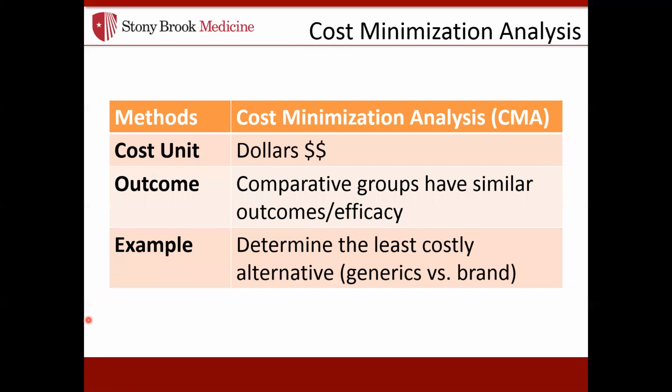Cost minimization analysis. This is comparing groups assumed to have equal outcomes, but the only thing that's different is the actual acquisition cost. So for this analysis, you want to determine the least costly alternative. So you look at generics versus brand.